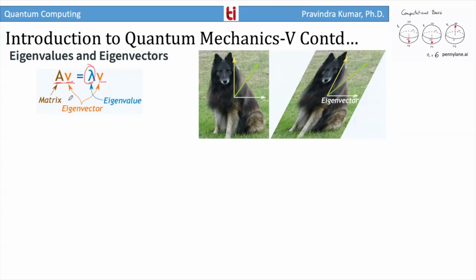Eigenvectors are also called characteristic vectors and can only be found for square matrices or operators. Eigenvalues are the scalar values associated with the eigenvectors in the linear transformation. The word eigen is of German origin, which means characteristic.